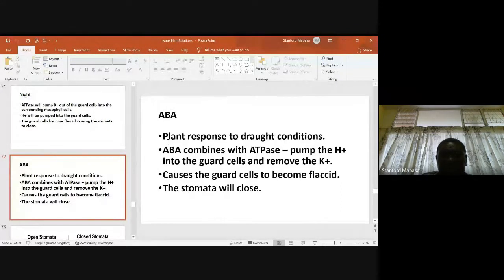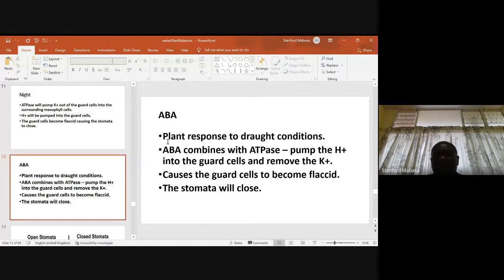Now let us look at the role of abscisic acid. This can help the plant to survive drought conditions, because when it is dry, the stomata has to close to prevent water loss. So what happens?